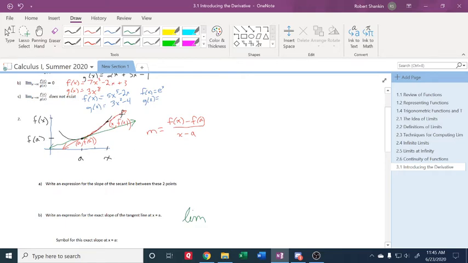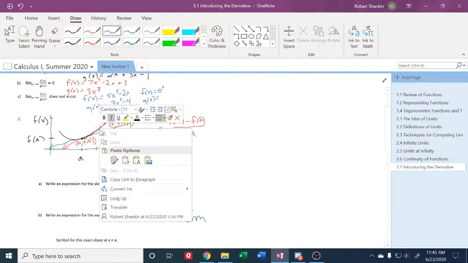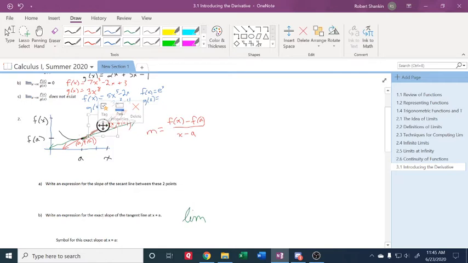For instance, if we brought the x to the halfway point, then the line between here and here is a better approximation of the slope of the green line.